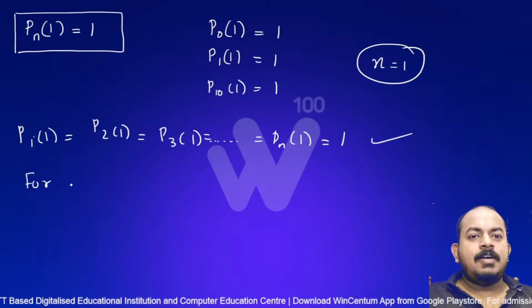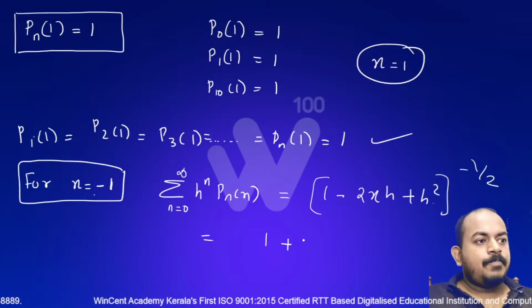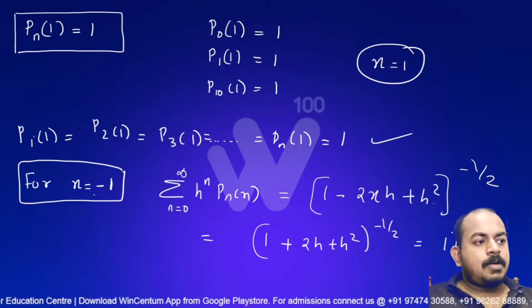Similarly, if I put x equal to minus 1, this becomes (1 plus 2h plus h square) to the power minus 1 by 2. This is in the form of a plus b the whole square. This becomes (1 plus h) the whole square to the power minus 1 by 2, and we will get (1 plus h) to the power minus 1.